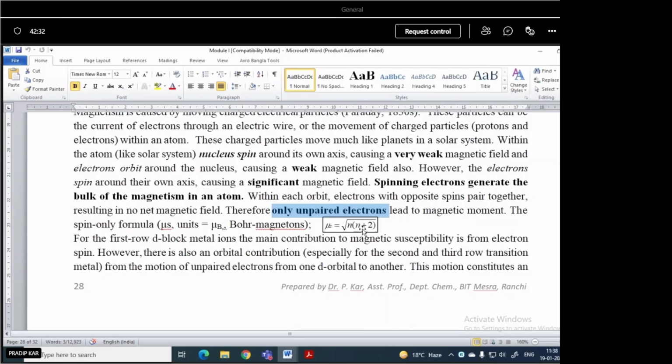This is an approximate formula which we can apply to predict the actual magnetic moment of the coordination complex by knowing the number of unpaired electrons present. The unit used is Bohr magneton.